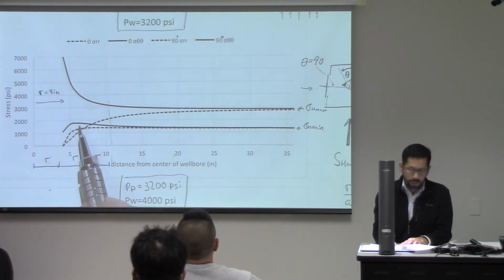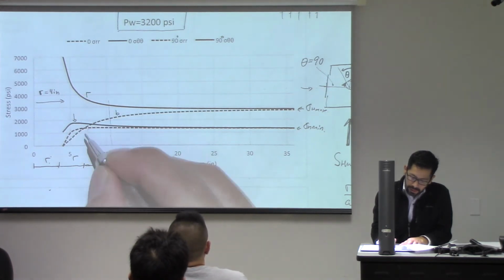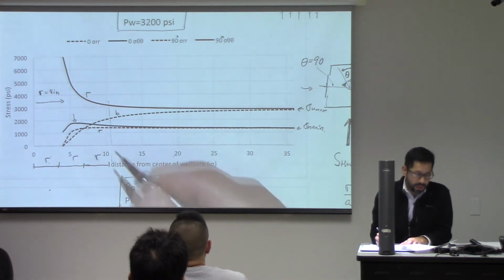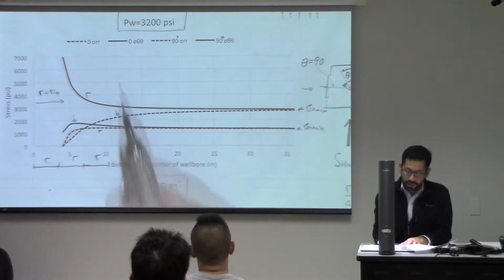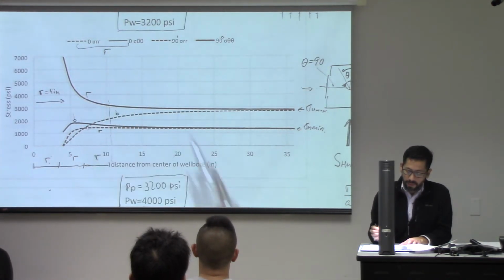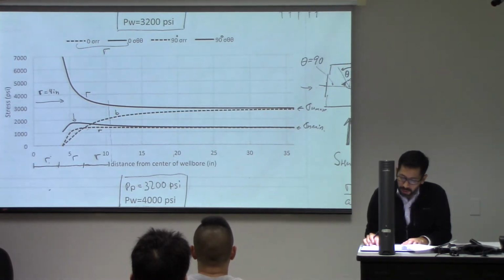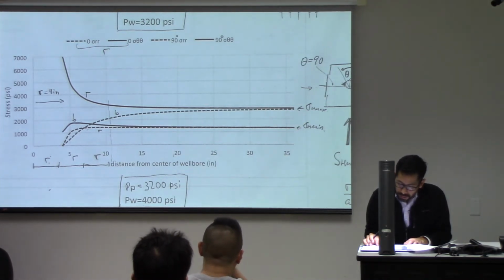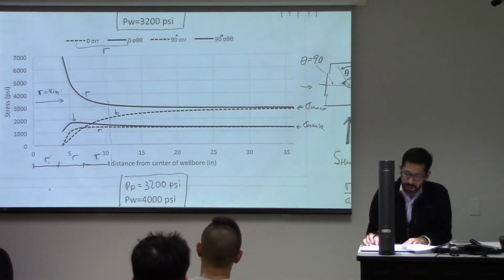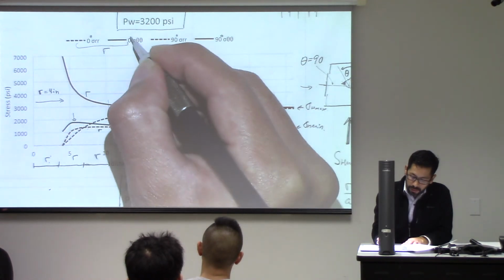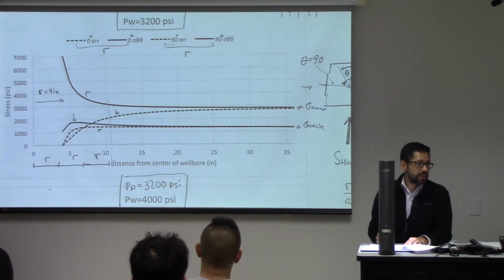These two are black, and these two are red. The black are for the case at 0 degrees, and the red are for the case of 90 degrees.